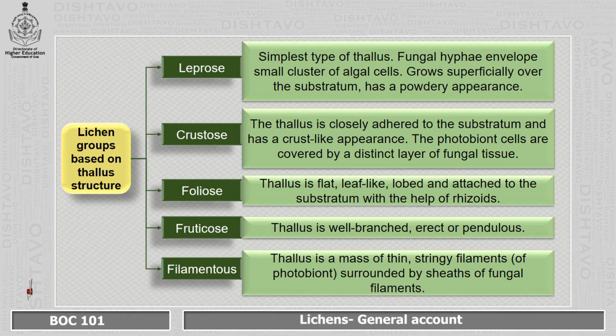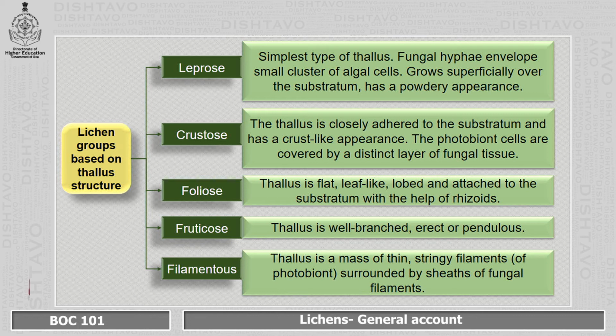Lichens may be grouped based on their thallus structure into 5 types, that is leprose, crustose, foliose, fruticose and filamentous. Leprose is the simplest type of thallus. Fungal hyphae envelop small clusters of algal cells and grow superficially over the substratum.